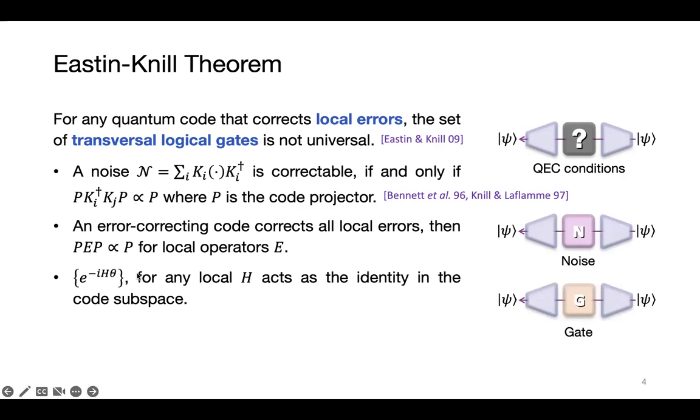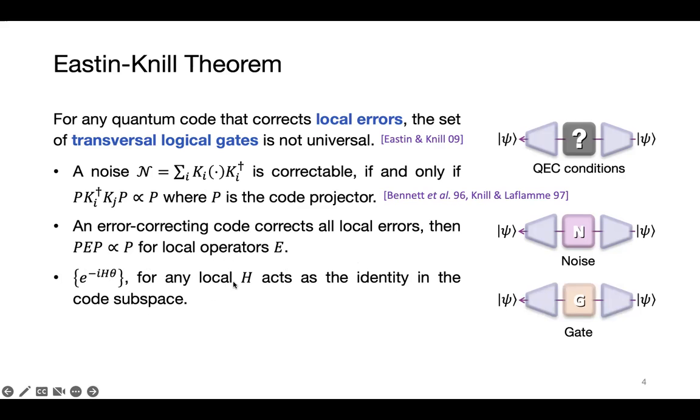And then that means if we consider a type of gate which has this form, so we assume that this type of gate is a logical gate, and it is given by this form where we have a local Hamiltonian in the exponent of this operator.